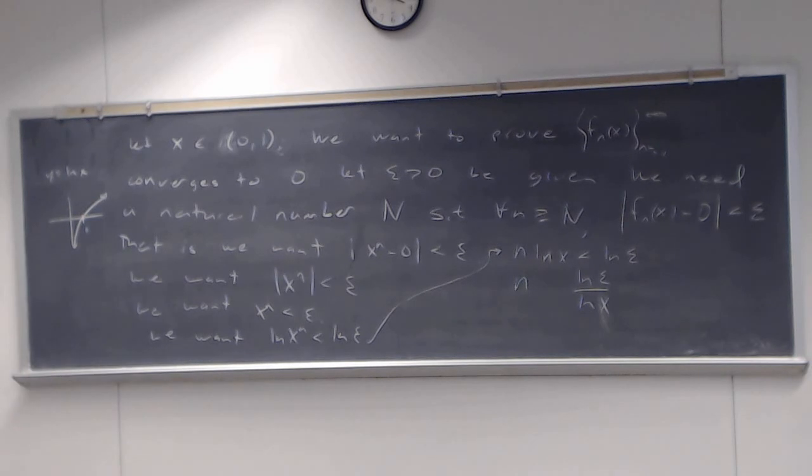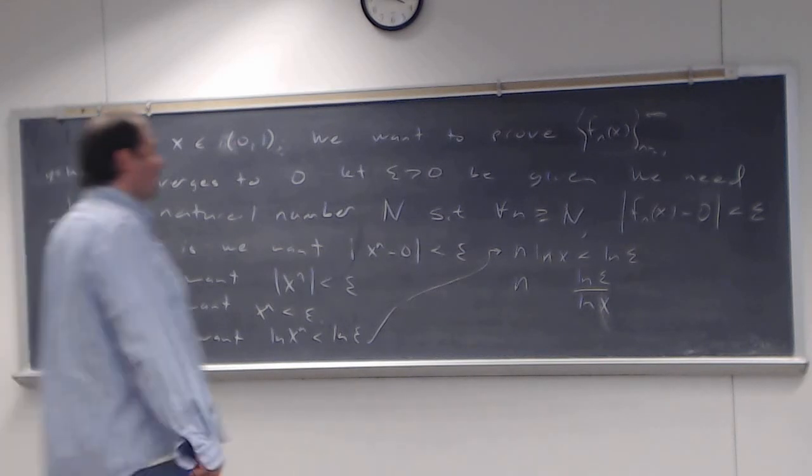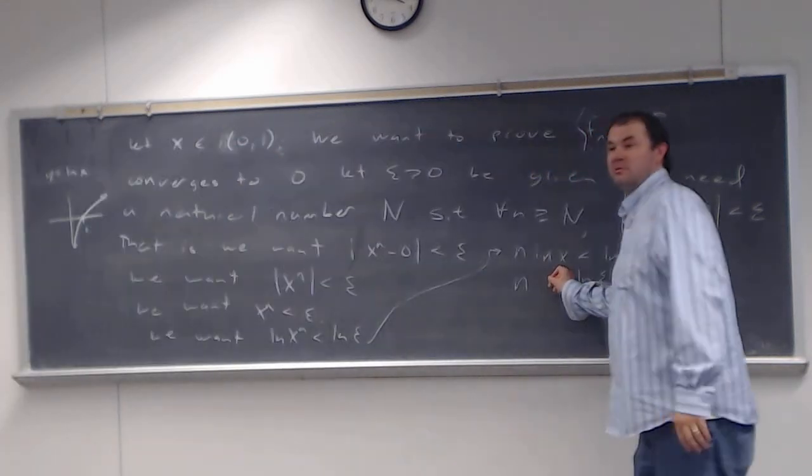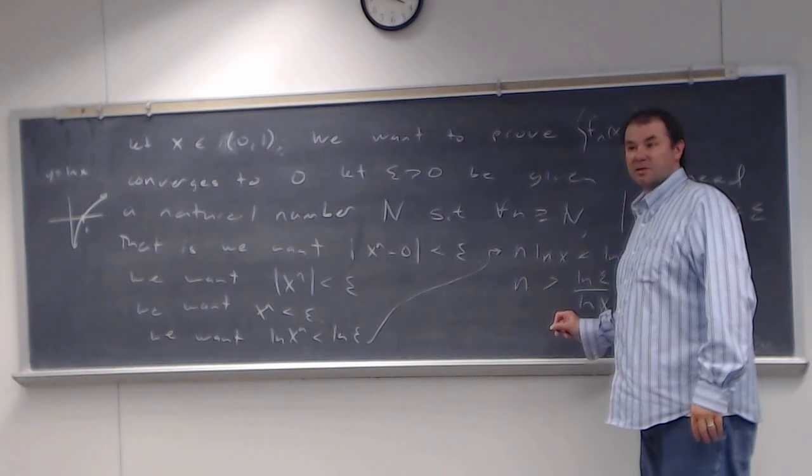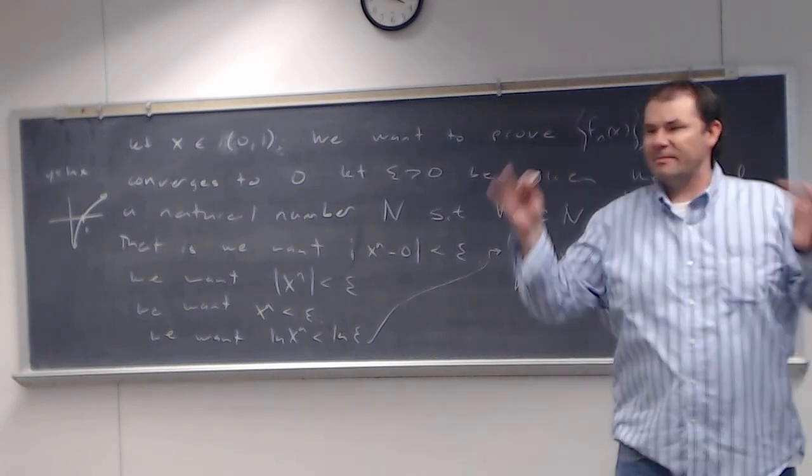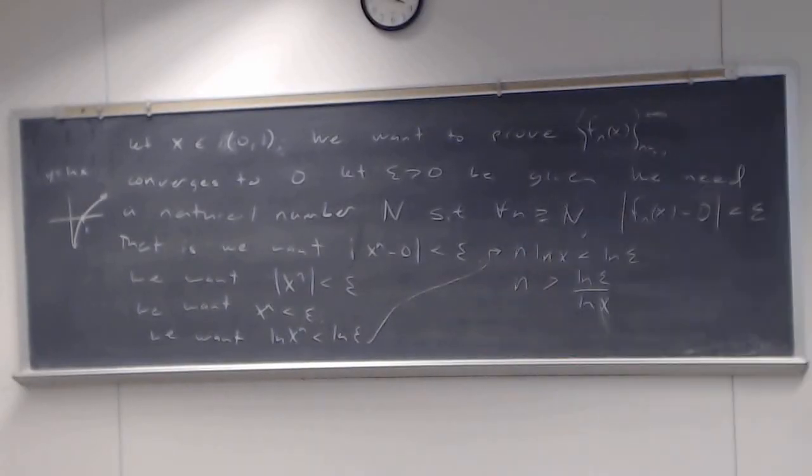When you're dividing by ln of something, when that something's in between 0 and 1, what kind of number is ln of that something? What'd you say? It's negative. Ruth, you said the right thing. And when I divide an inequality by a negative, I have to switch the direction. Is that all right? Okay, so that's what I got. If I'm going too slow, I'm sorry. But that's what we got.